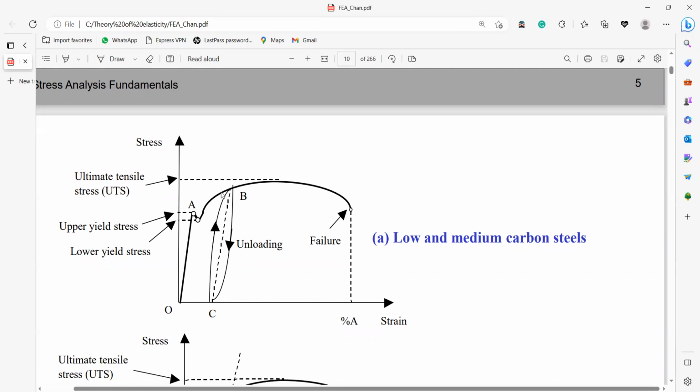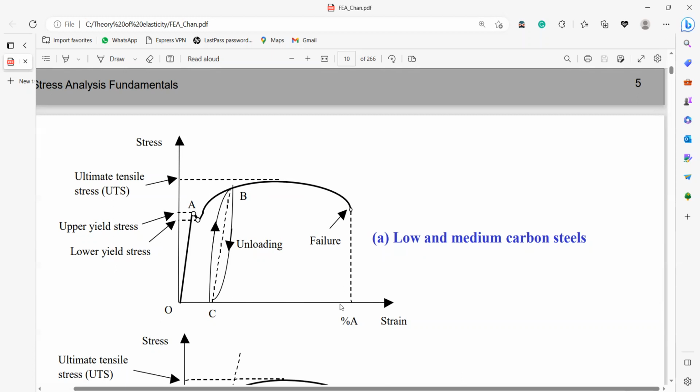Again, if you start loading, it will reach UTS, and UTS is the highest stress, and if you keep on loading, the strain keeps on increasing. Can you see that the strain is increasing constantly?